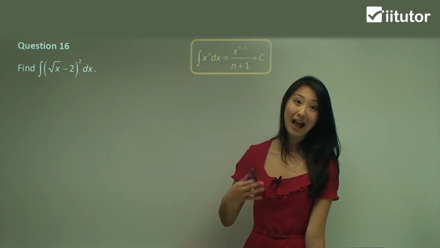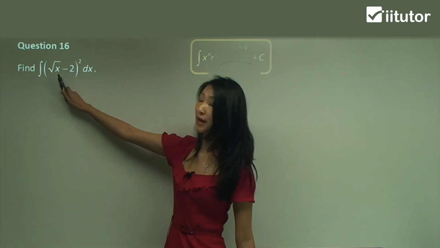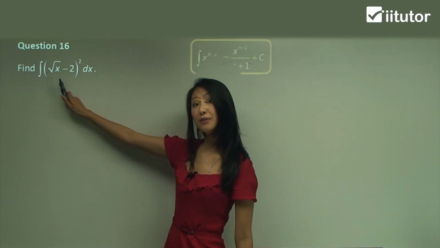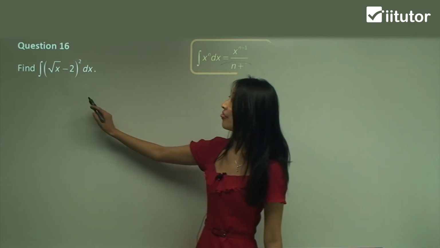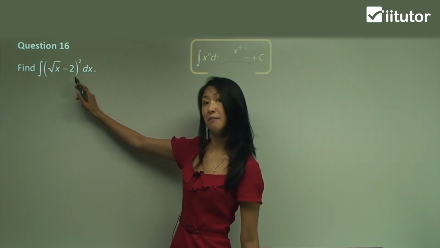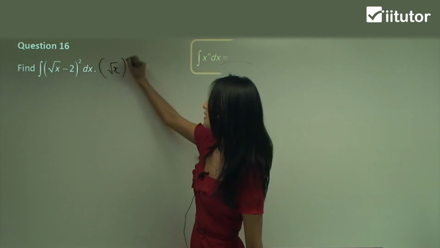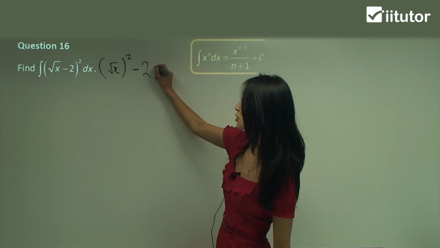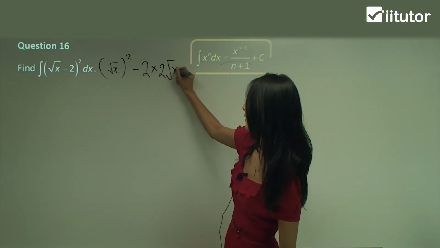So remember how one of the ways to expand, as I taught you before, is we take the first number and we square it or multiply it by itself. So that's going to give us x. And then we take the first number multiplied by the second number times 2. So we have square root x times 2 square root x, minus 2 times 2 square root x.